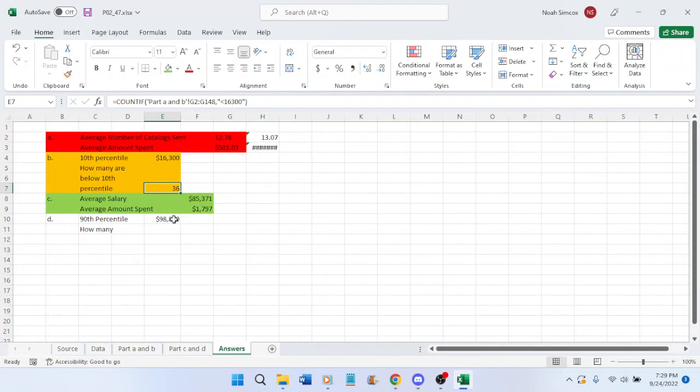That means it's equal to, more than or equal to.